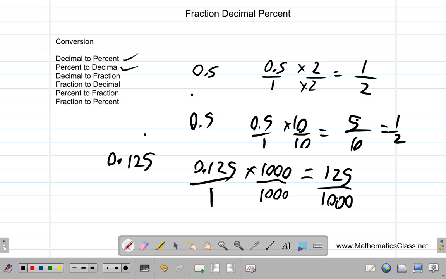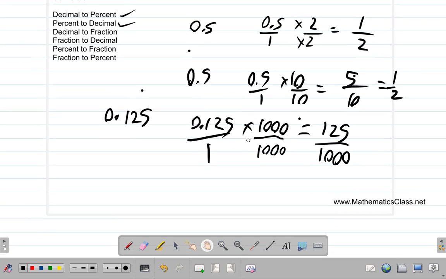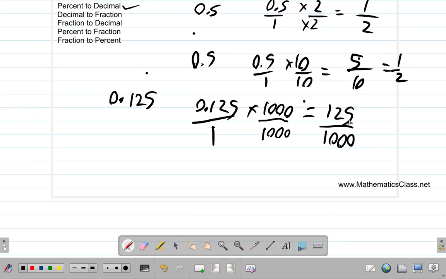You see? And then you cancel down. When you cancel down, you can cancel down with 5. 5 into 125 is 25, and 5 into 1,000 is 200. So 25 over 200. Alright? Now, if you want, you can continue to cancel.